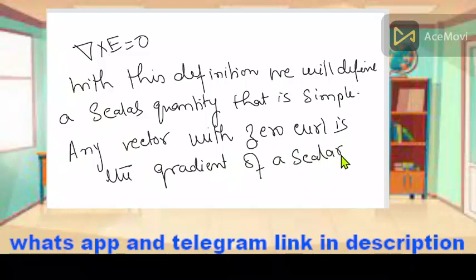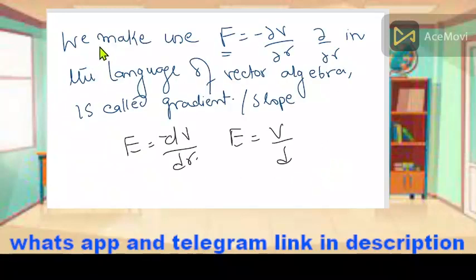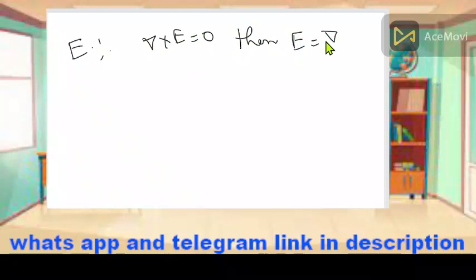These concepts, curl, gradient, divergence, are very important and very interesting. They relate scalar and vector quantities. So if we have a vector E such that del cross E is equal to 0, vector algebra says E is equal to the gradient of some scalar function. We are considering this function V for the time being. I am not defining it as potential yet.